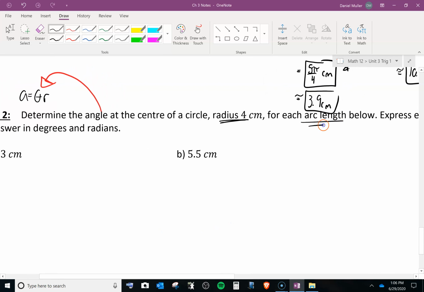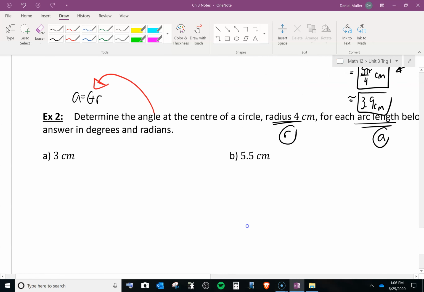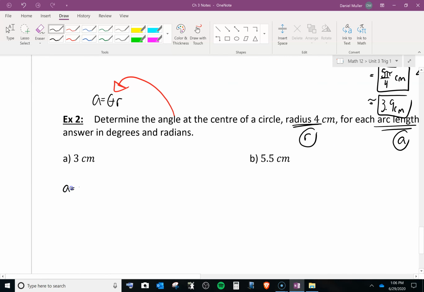And each arc length. So this is my radius, I got that, and my arc length is below. So I'll start by writing A equals theta r, or r theta, doesn't really matter. And this is already given. A is 3, theta we don't know, and the radius it said was 4.